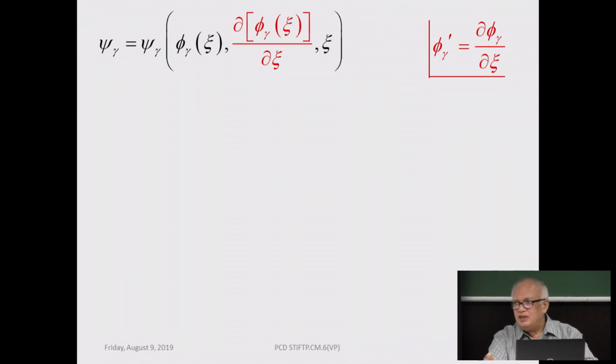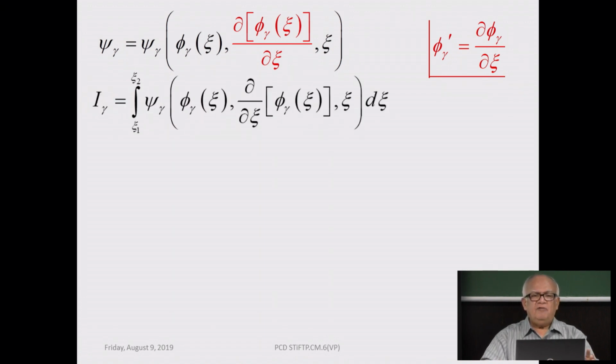So that is the nature of this function. It has an explicit dependence on xi and an implicit dependence on xi through the function phi and also the function phi prime, which is the derivative of phi with respect to xi. And then you ask, if you construct an integral of this kind, a definite integral, under what condition is this integral an extremum?